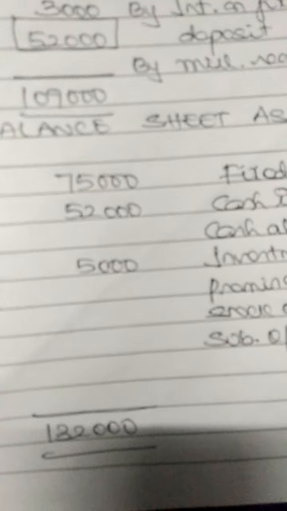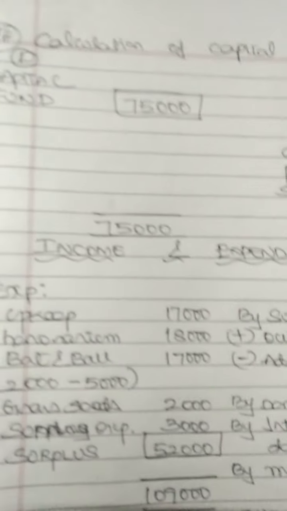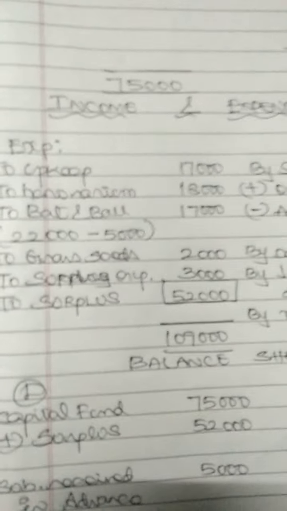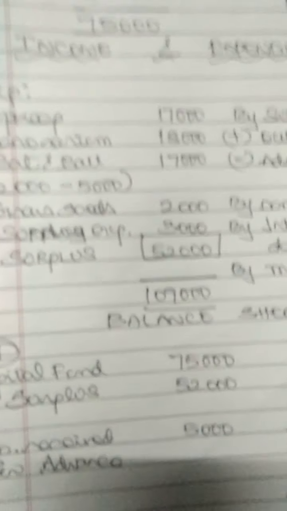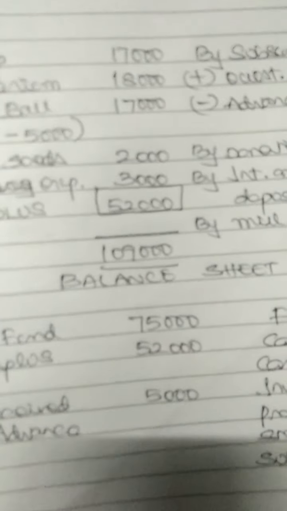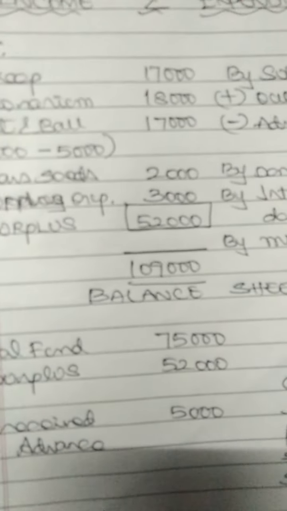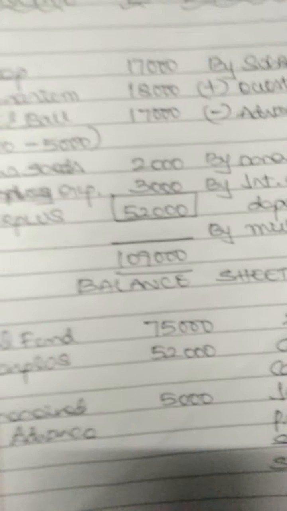So any doubt, students? First step is calculation of capital fund 75,000. Second step is calculation of income and expenditure account, getting a surplus of 52,000. Third step is preparing the balance sheet as on 31/12/2018.